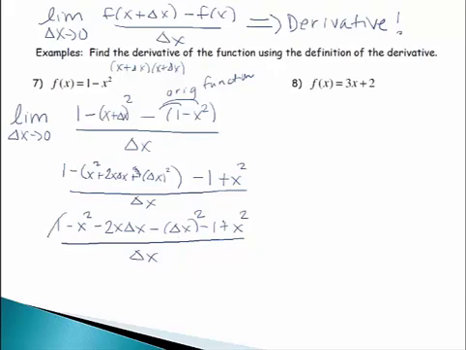Okay, so this 1 will cancel with this negative 1, and negative x squared with positive x squared. And I'm left with negative 2x delta x minus delta x all squared, all being divided by delta x. Remember, I can pull out a delta x in my numerator. And what I usually do is, because these are both negative, I would just pull out a negative delta x. It doesn't really matter.